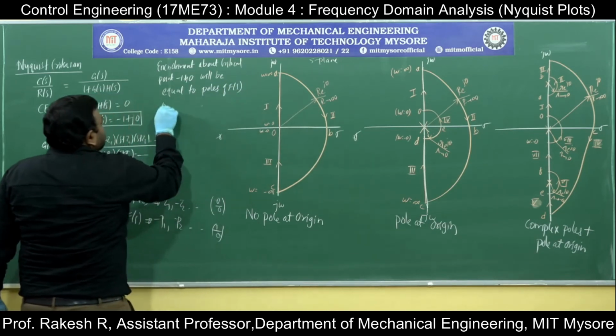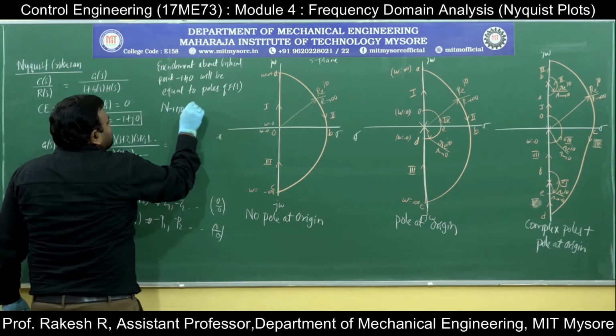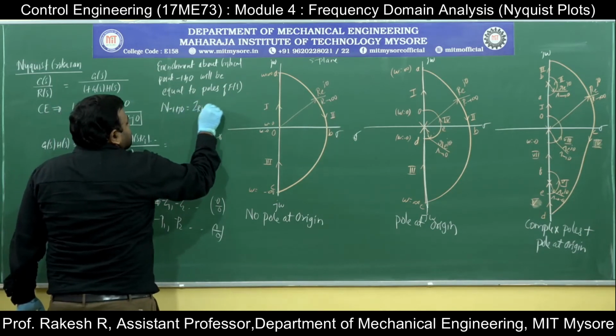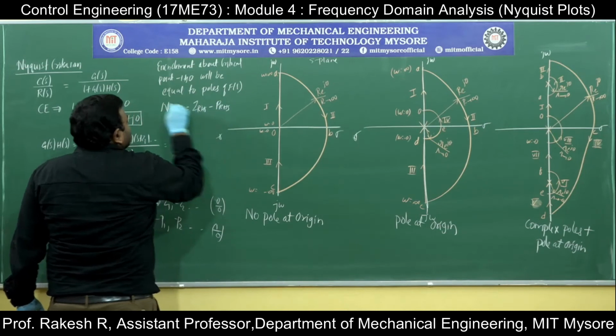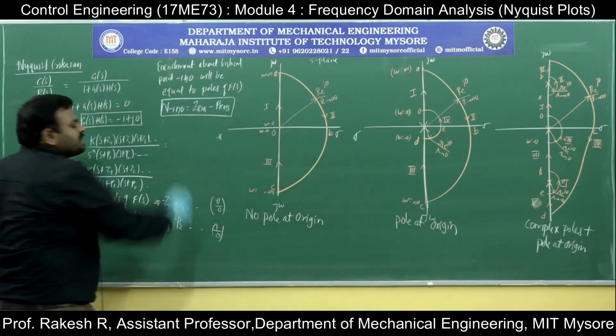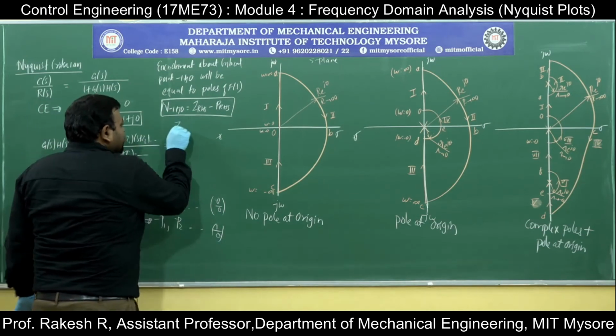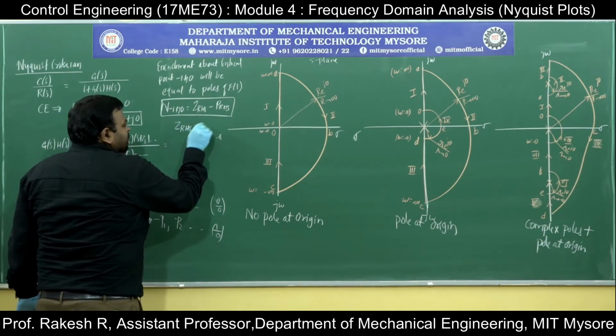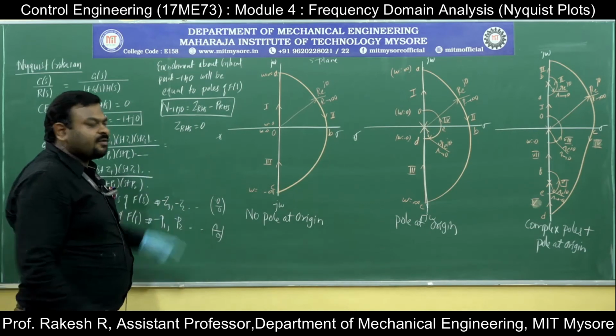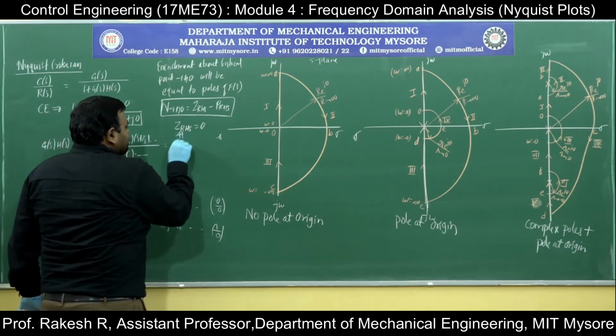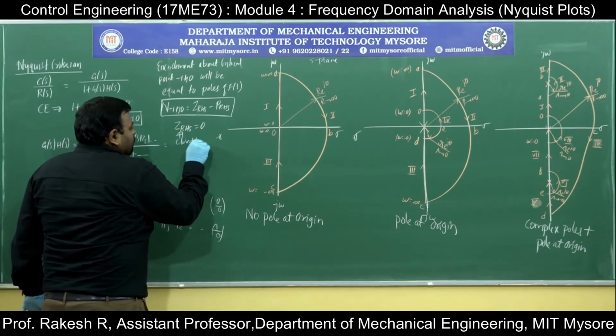So this means N minus 1 plus j0 is equal to Z RHS minus P RHS. So this is the Nyquist stability concept. According to the mathematical stability, Z RHS must be 0, always 0. Why? In order to get the closed loop stability condition.